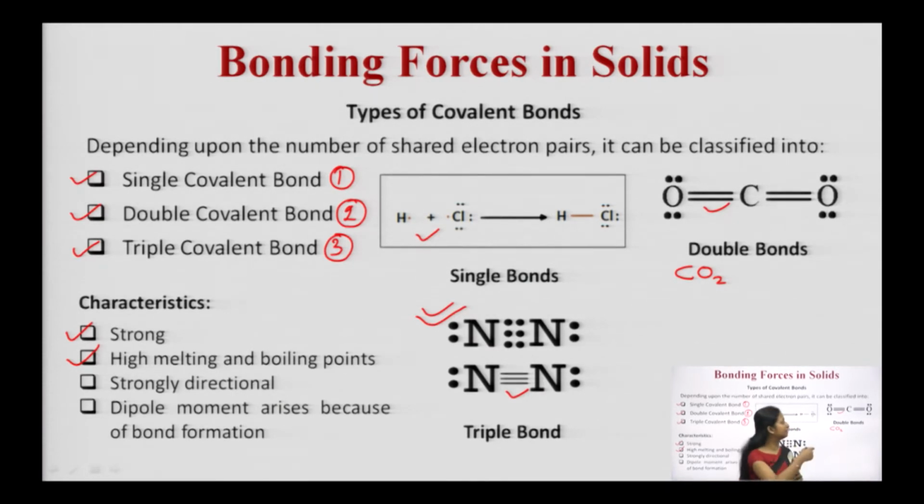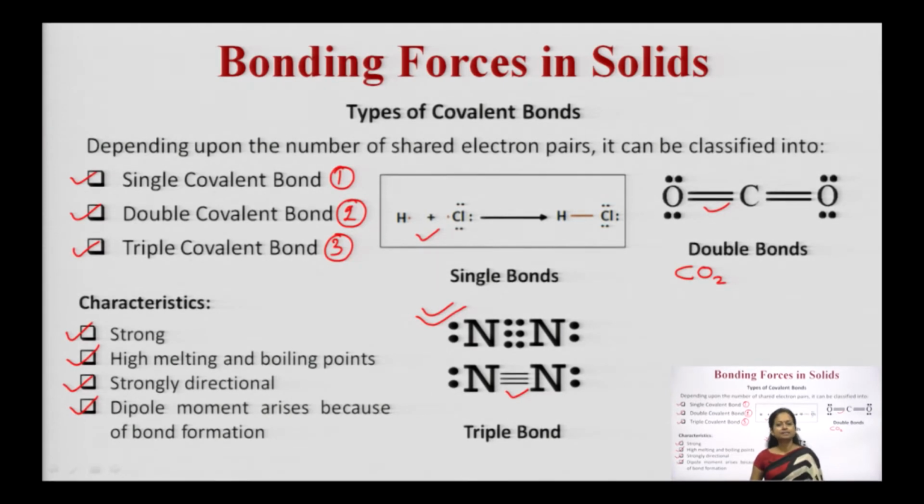You cannot vary the direction, like in the case of CO2, the oxygen and carbon atoms cannot be placed anywhere, no. So, it is strongly directional. And the last point is that dipole moment arises because of bond formation. So, there will be a dipole moment because the bond is being formed. So, these are some of the important characteristics of the covalent bond.